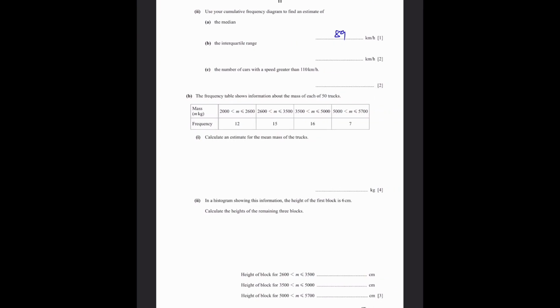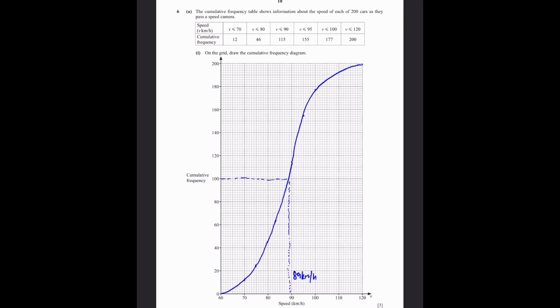B, the interquartile range, that will be quartile 3 minus quartile 1. Quartile 3 is the 75th percentile, and quartile 1 is the 25th percentile. So we go back, 75th percentile will be 3/4 of the way from 0 to 200, which will land us at 150. It'll go here to get to 94 kilometers per hour.